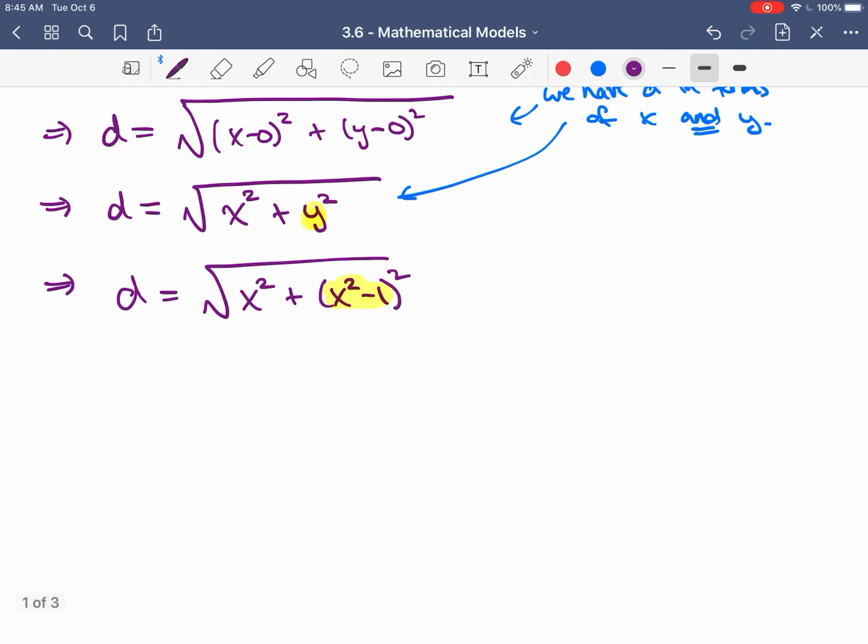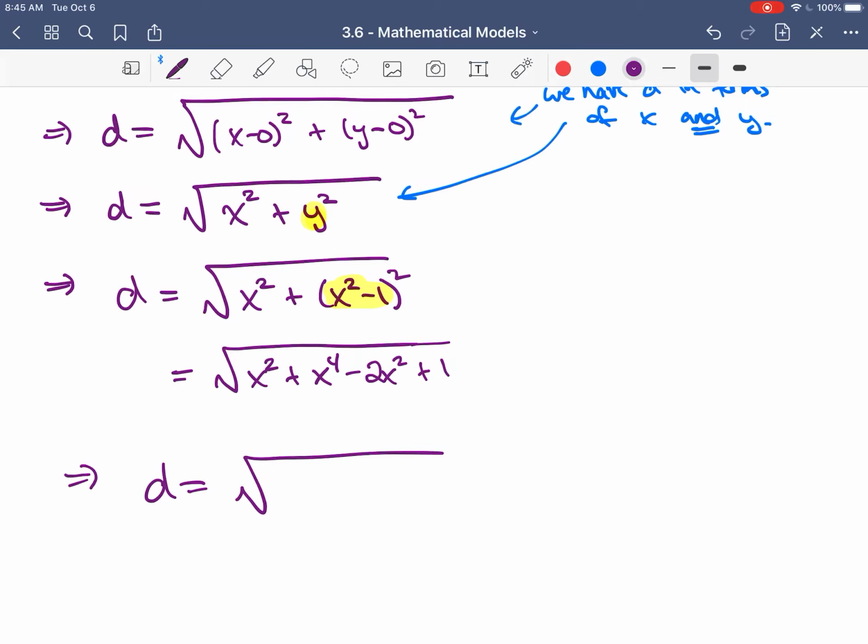And now I have D in terms of only x, but we could expand this if we want. This is x squared plus x to the 4 minus 2x squared plus 1. That means that D is going to be the square root of x to the 4 minus x squared plus 1.